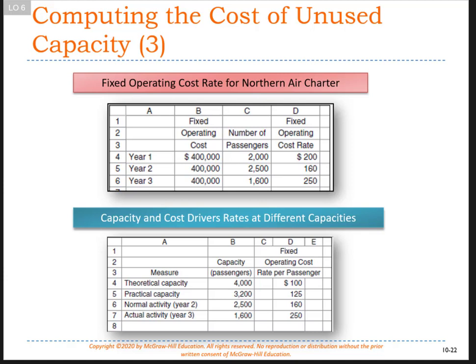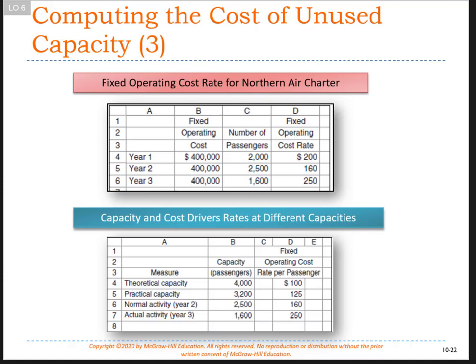What we're looking at for this Northern Air charter is that the last 3 years they've had fixed operating costs, which are very fixed. You can see that. They have to have those planes, they have their pilots on call, whatever, and they've had a fluctuation in the number of passengers. And you see what happens when that is the case.